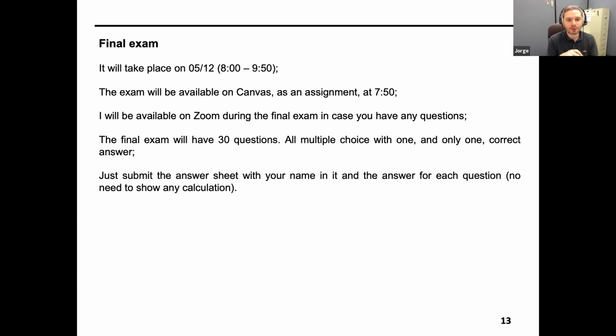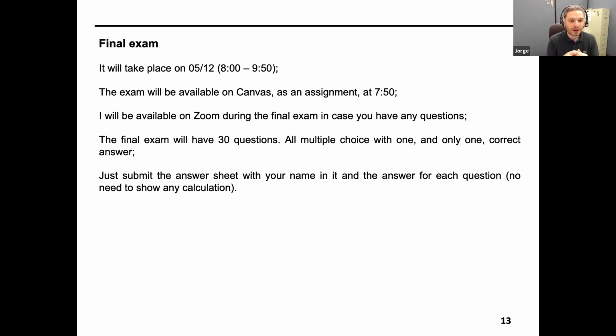Our scheduled time is from 8 to 9:50. The exam will be available on Canvas as an assignment at 7:50, 10 minutes before it starts. Between 8 and 9:50, I will be available on Zoom, the same link as the lectures, if you have any questions about the exam or anything else.